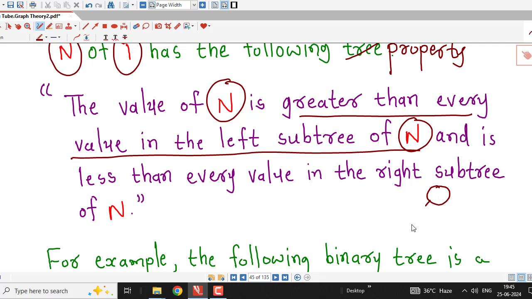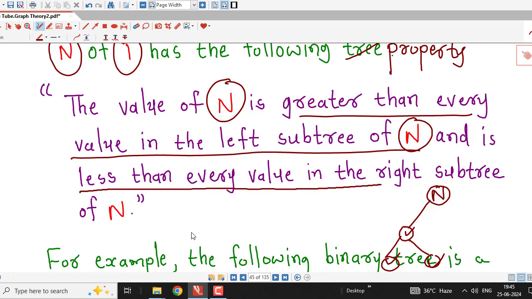Whatever subtree is to the left side of n, in that subtree the value of n is always greater than all these values which are in the left subtree of n, and the value of n is less than every value in the right subtree of n. For example, if on this side we have the right subtree of n, then the value of n is less than the value of every node in the right subtree of n.